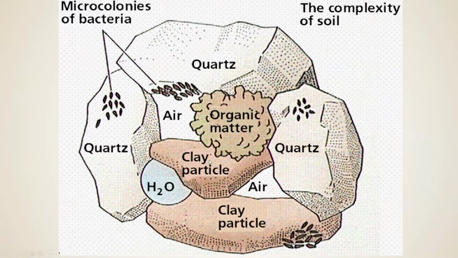This might not be quite to scale, but it illustrates the composition. So here we have clay particles, organic matter, our air pockets, H2O, and our bacteria, our biological or biotic component.